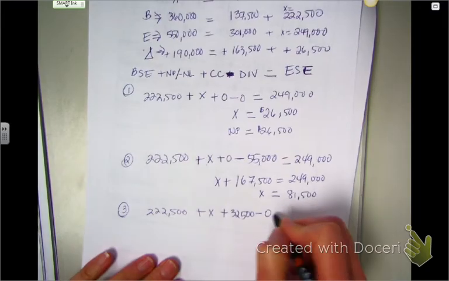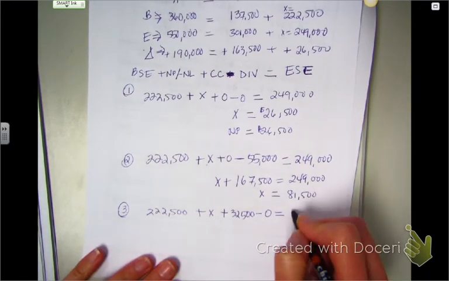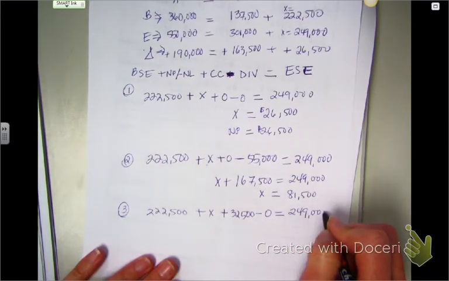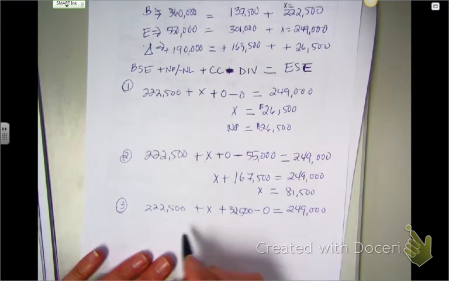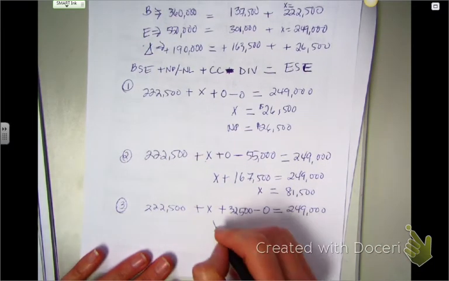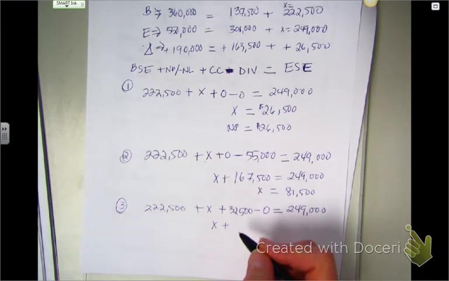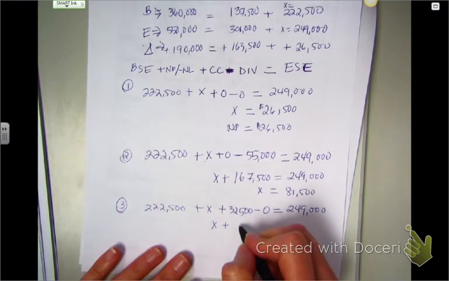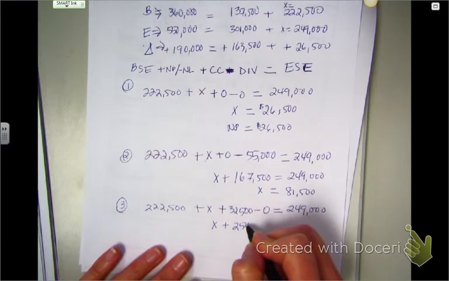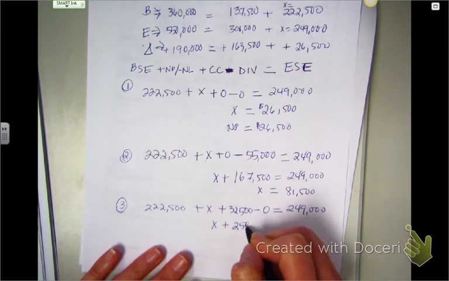Okay, they didn't give any dividends. And then equals $249,000 for the ending stockholders' equity. Okay, so X plus $255,000.